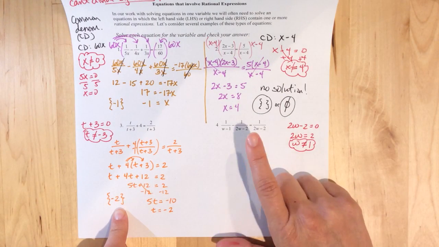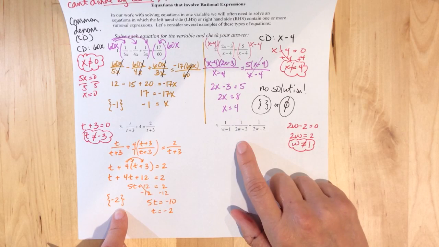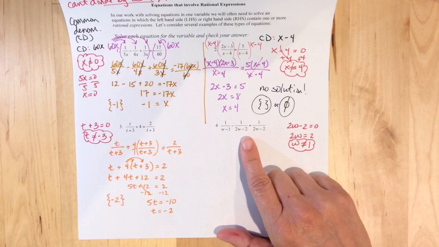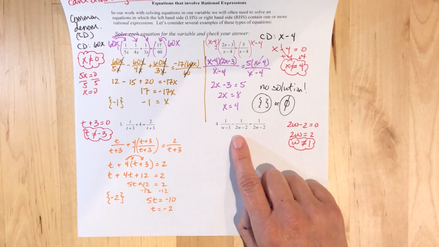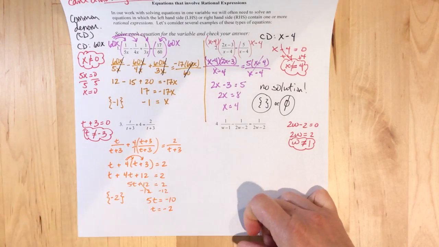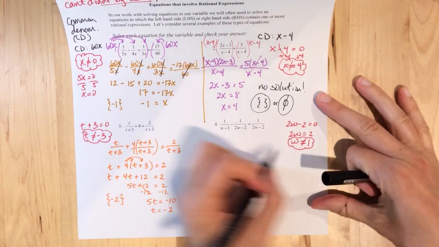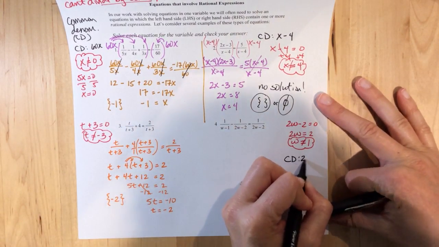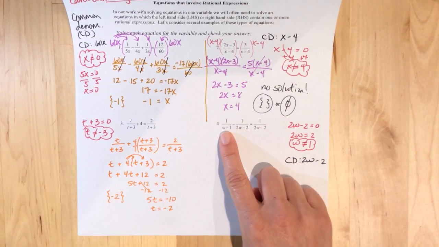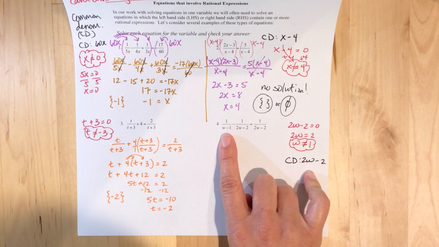All right, last up is 4. So for 4, we have another kind of technique manipulation that we have to discuss. So the common denominator for 4 is actually 2w minus 2. Right? The common denominator is 2w minus 2. So how do I get this first term to get that denominator?